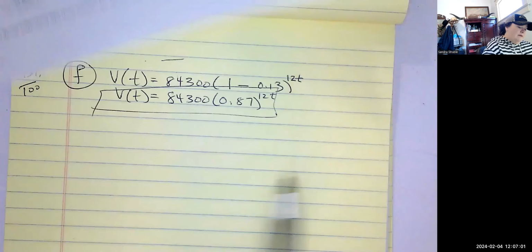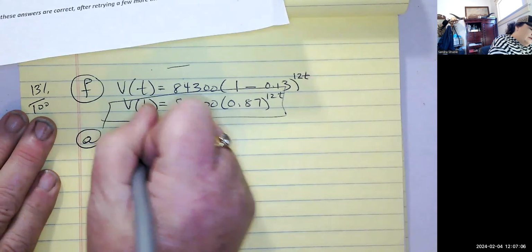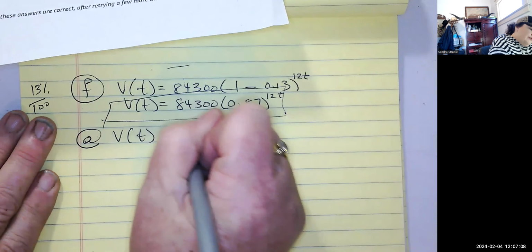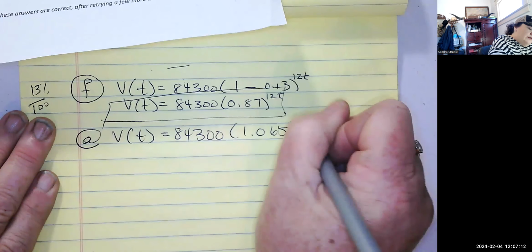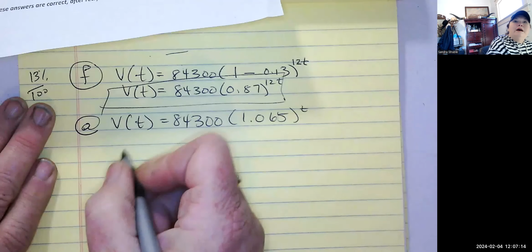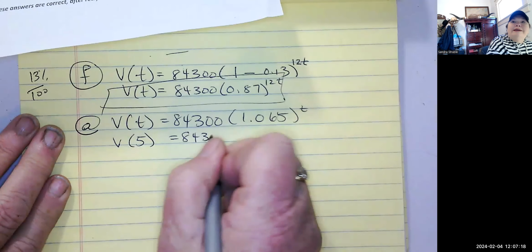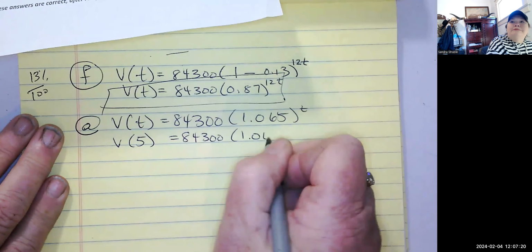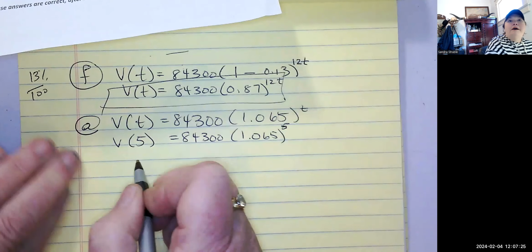So for A, my function was V of t is equal to 84,300 times 1.065 to the t. I'm going to write each one of these with the 5 for the years, and then I'm going to do them with the calculator. The thing I want you to do is make sure that you can get the same value that I do on these as we go through.